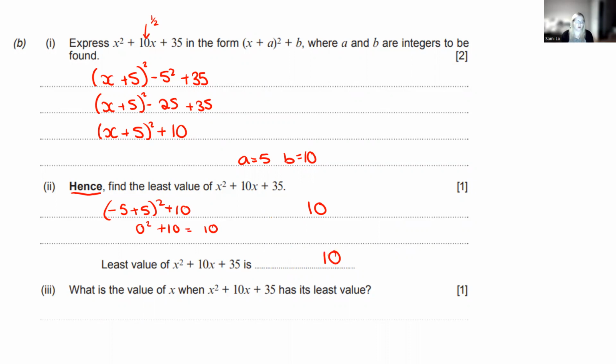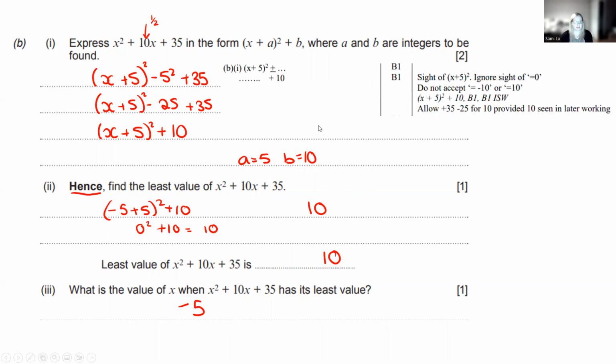And then it says, what is the value of x when x squared plus 10x plus 35 has its least value? Well, we've already shown that in our working, so it has to be -5. Now, don't put both values in either of these sections, because what it's asking for you, the x value and the least value, it's not asking you to write down everything in one, so separate the two for me.